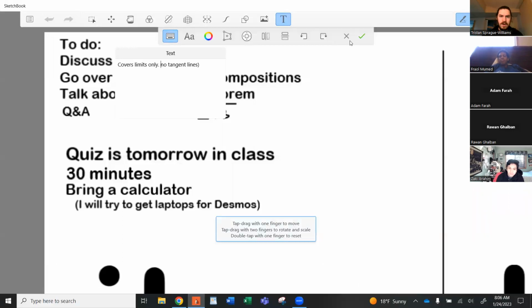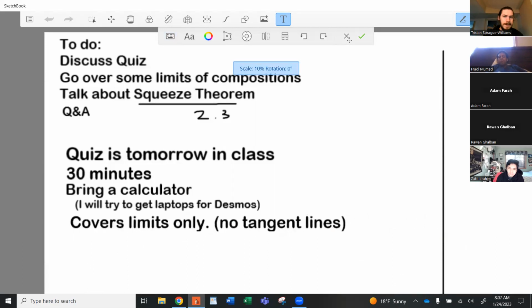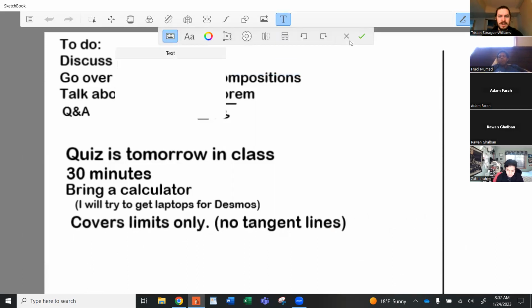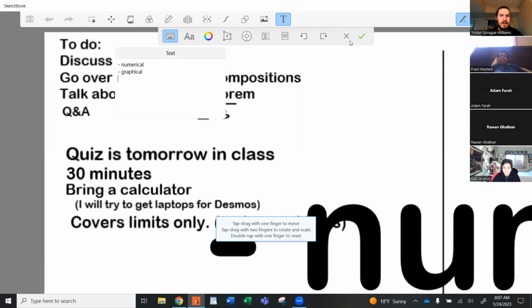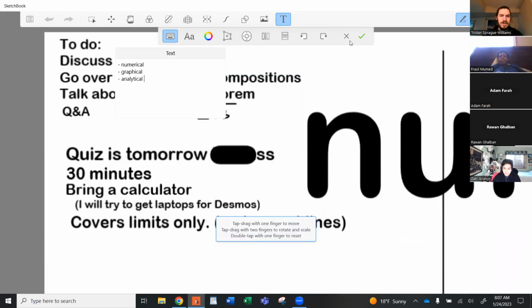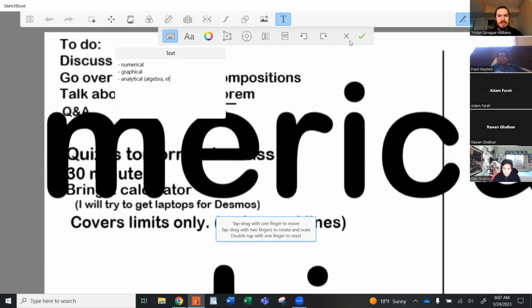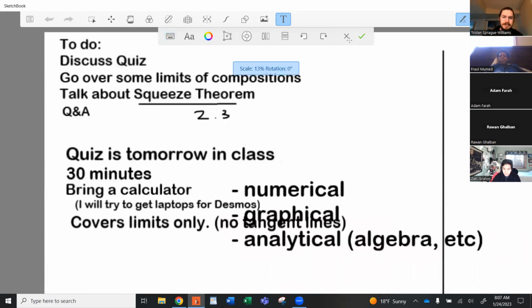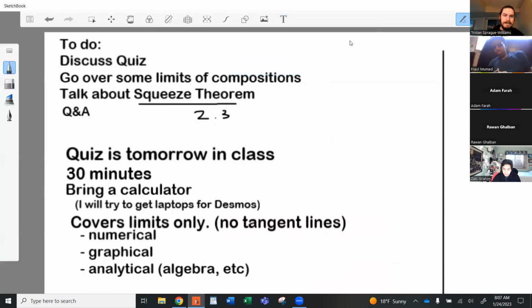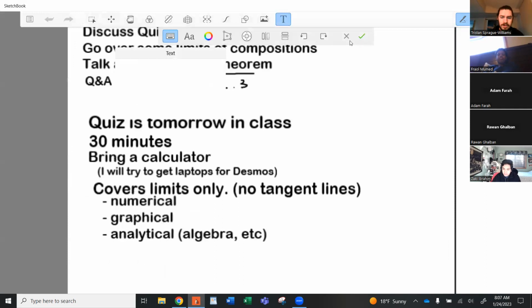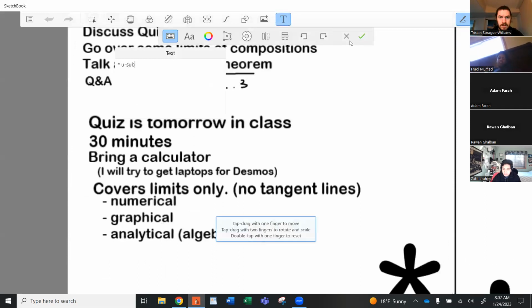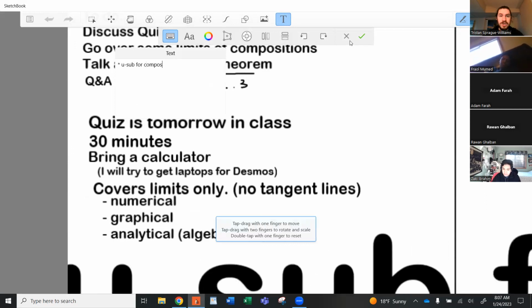Okay, so regarding limits, you've got three approaches: numerical, graphical, and analytical, which involves algebra, etc. One of the things you might need to use is this u-substitution idea for compositions.